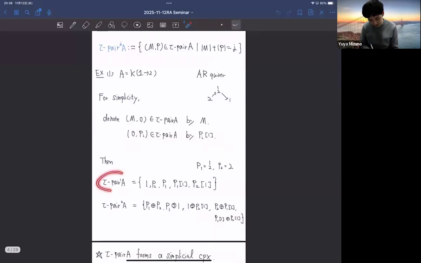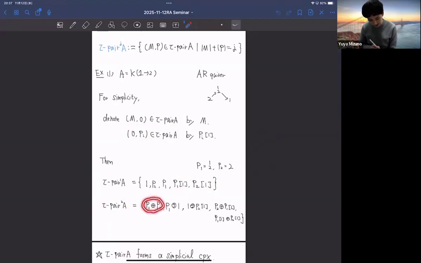Then let's check these two sets. Tau-rigid pair 1 consists of 1 indecomposable module. So these 3 indecomposable modules are tau-rigid, so can be regarded as tau-rigid pairs in this case. And these projectives are also tau-rigid pairs because they satisfy this condition. Then tau-rigid pair 2 consists of elements with just 2 indecomposable modules.